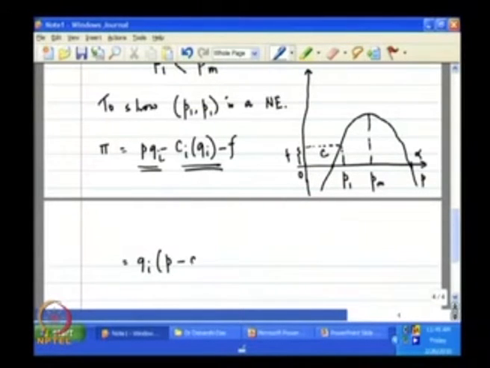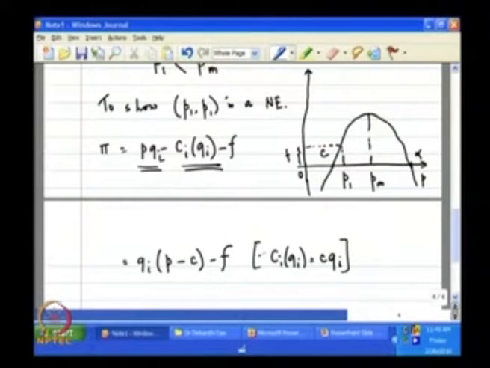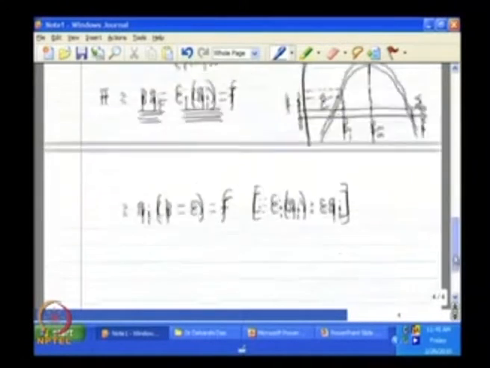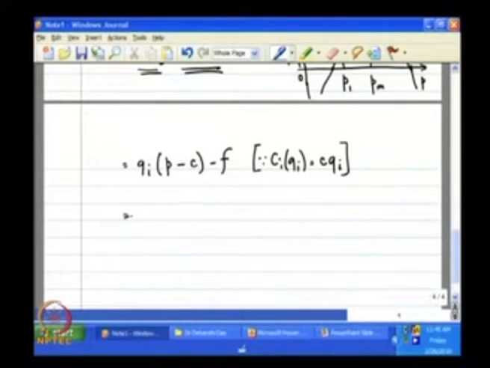So, this is just P minus C minus F, because CiQi is equal to CQi. And what is Qi? Qi is nothing but what is the demand. Demand in the market is alpha minus P, (P minus C) times (alpha minus P) minus F.